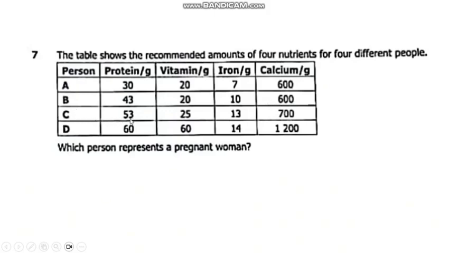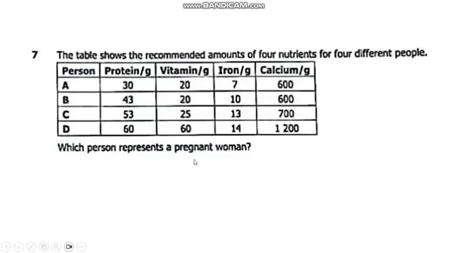Person C: protein 53 grams, vitamin 25 grams, iron 13 grams, calcium 700 grams. Person D: protein 60 grams, vitamin 60 grams, iron 14 grams, calcium 1200 grams.